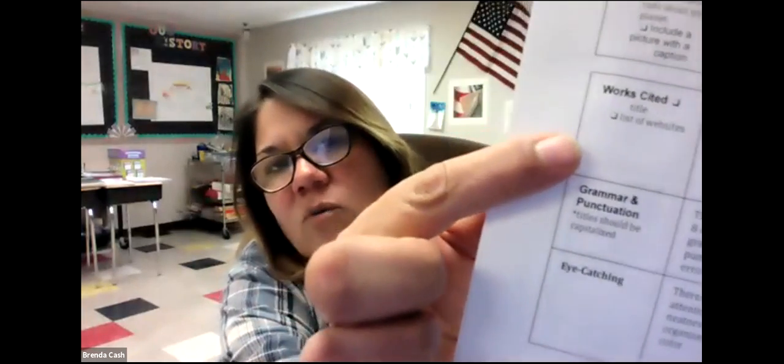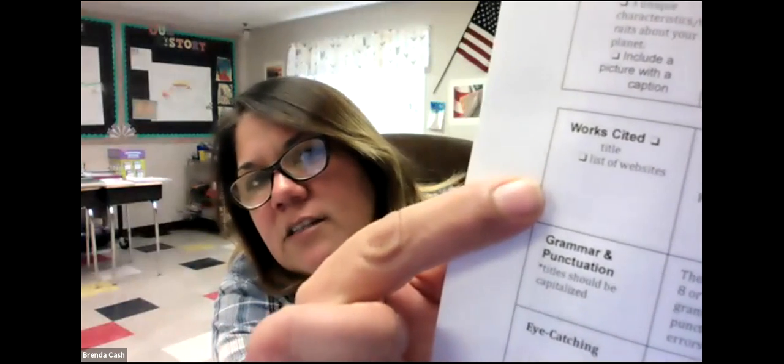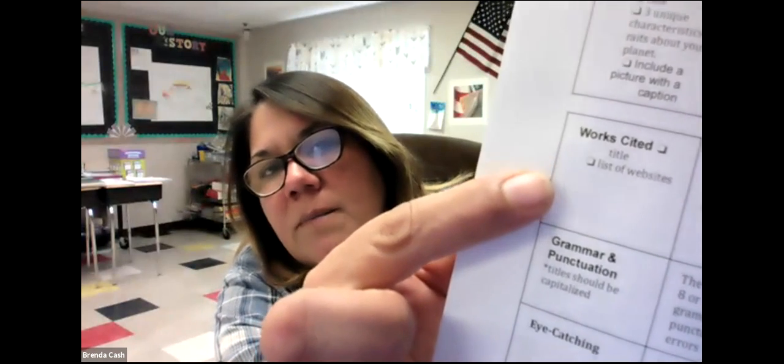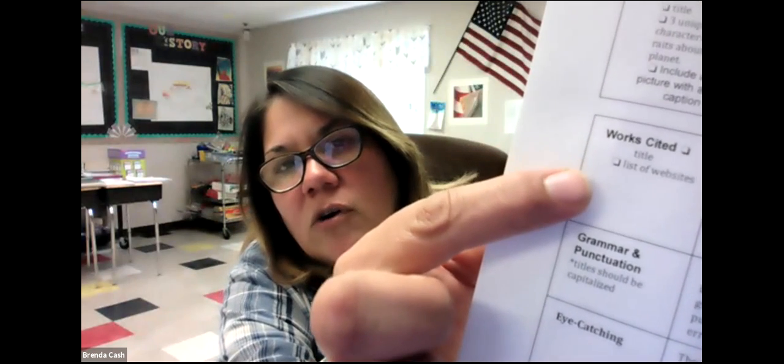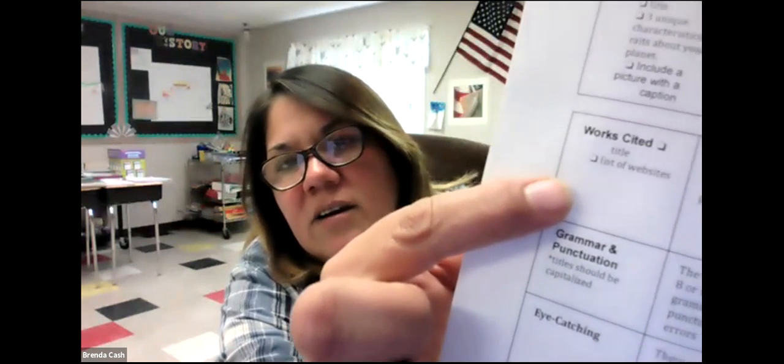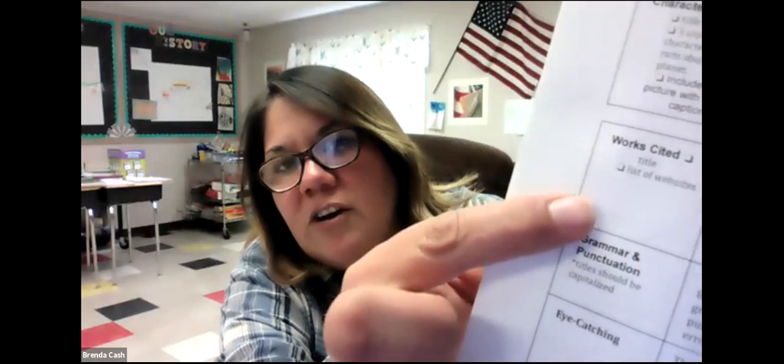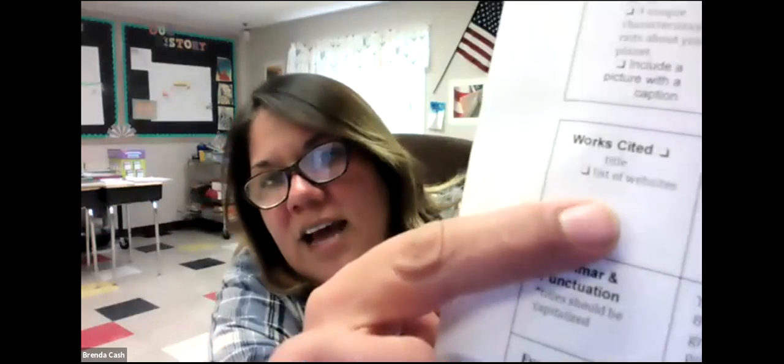Okay, so right here is a works cited page, and it just needs to say works cited. It doesn't have to have Earth on there, but it can, because the title says title, so it should be Earth, Planet Earth, or something like that. And then it has to have 3 websites that he used. So he can go back, look at the pictures that he downloaded onto his thing.